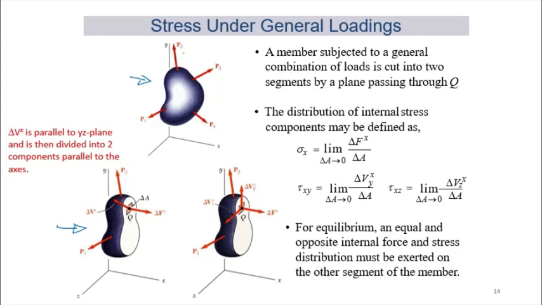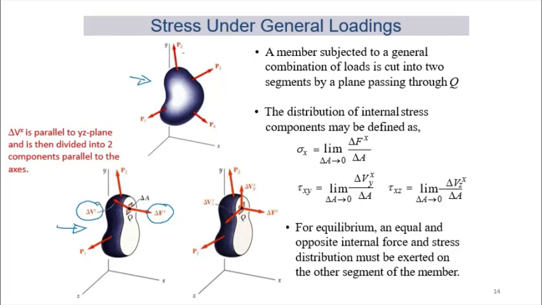At point Q, we will have 2 components. One is a normal component to the surface, so we have delta Fx, and the other one is a force parallel to the surface, and this shows the resultant delta Vz, right?